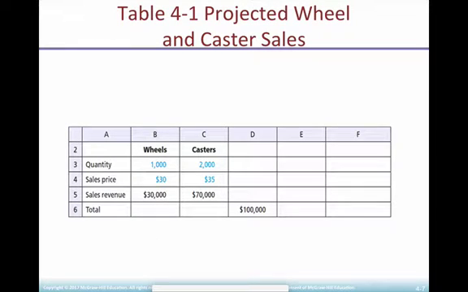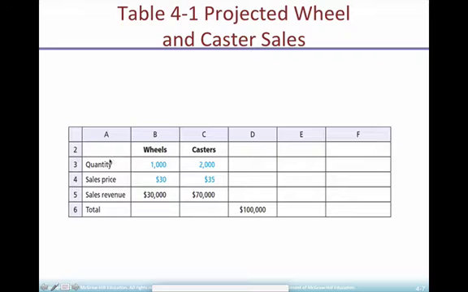So let's see what we have for our business. What do we think we are going to have as projected sales in units, then in dollar sales. So a simple example for this business, suppose they produce two goods, wheels and casters.